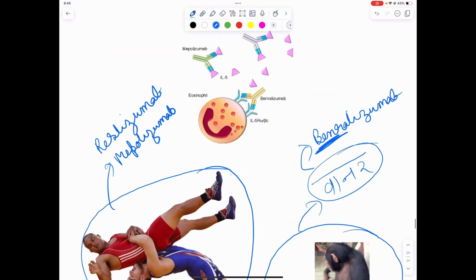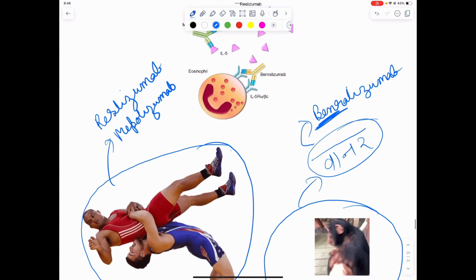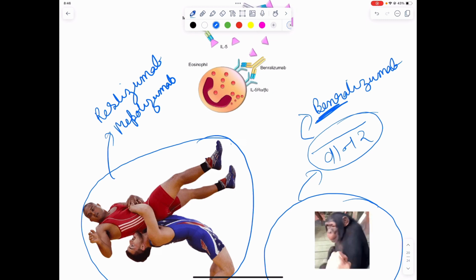We have a drug named Benralizumab. Benra is Vanar in Hindi, so he's giving high 5. So the IL-5 receptor antagonist would be Benralizumab, whereas the IL-5 antagonists would be Reslizumab and Mepolizumab.